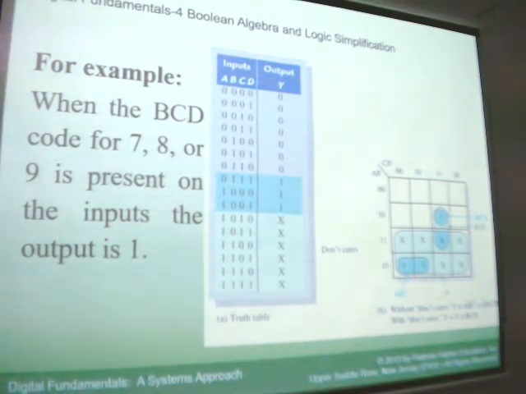If we use the don't care conditions, the minimum SOP expression is very simple: A plus BCD. If we do not use the don't care conditions, the output is a little complicated: A B bar C bar plus A bar BCD. So we must use the don't care conditions.